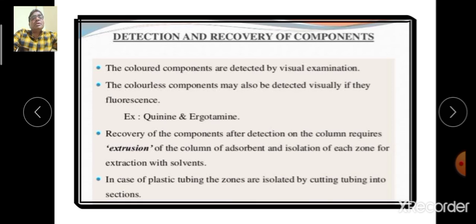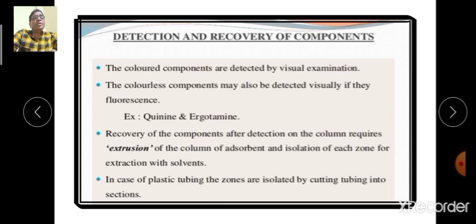For example, a solvent like petroleum ether and benzene in the proportion of 1:1 is used. Now after elution, the components are detected and finally the detected compounds are recovered from the column.